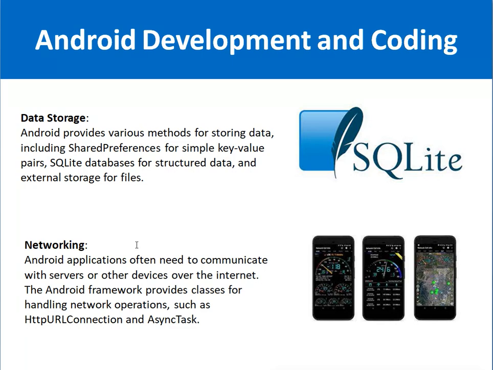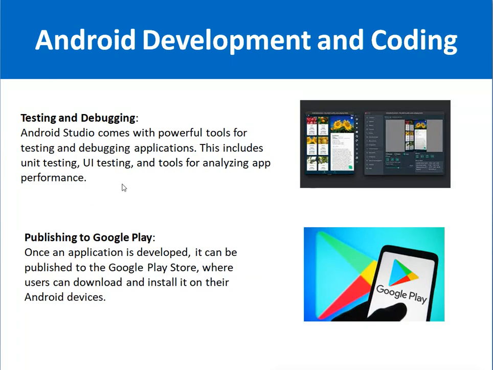Then networking. Android applications often need to communicate with servers or other devices over the internet. The Android framework provides classes for handling network operations such as HttpURLConnection and AsyncTask as well. Then testing and debugging. Friend, Android Studio has very powerful tools for testing and debugging applications, which include unit testing, UI testing, and tools for analyzing app performance.